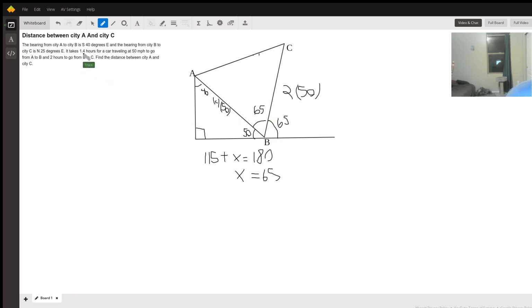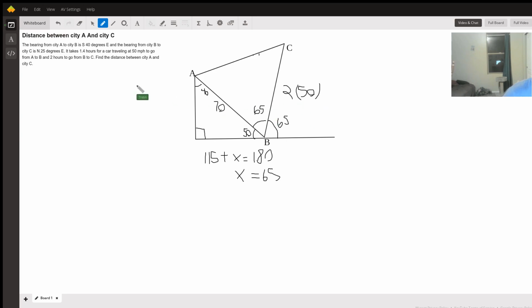Now we're also given that it takes 1.4 hours for a car traveling at 50 miles per hour to go from A to B. So you know that the distance, which is the rate of travel times the total amount of time, is 1.4 times 50, so it would be 70 miles.